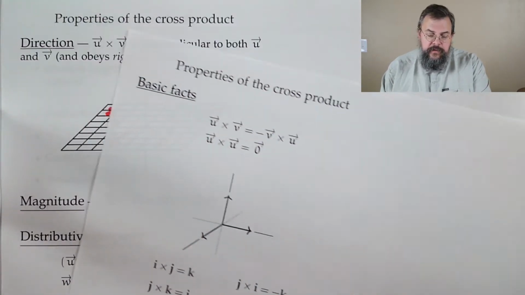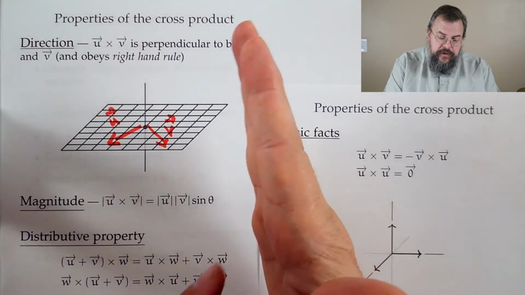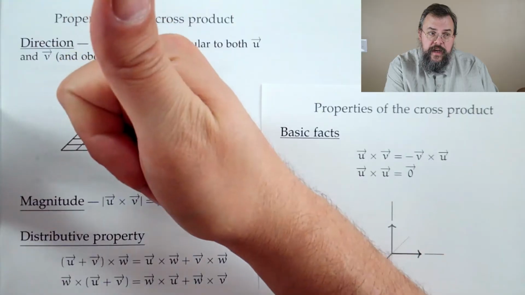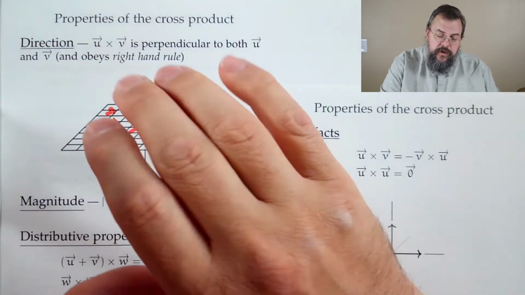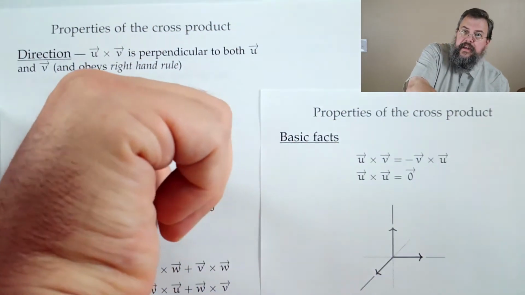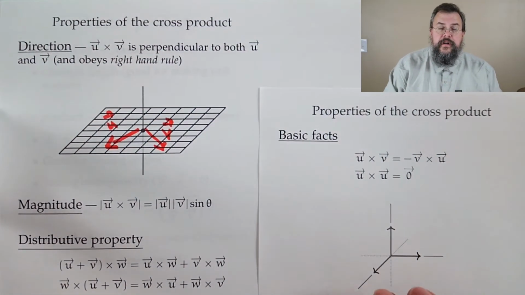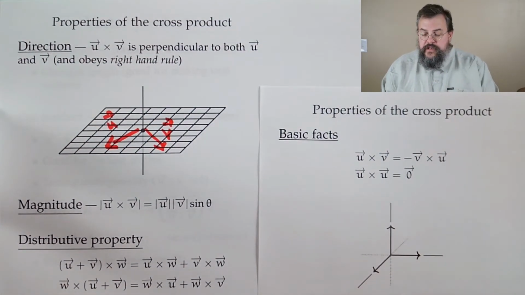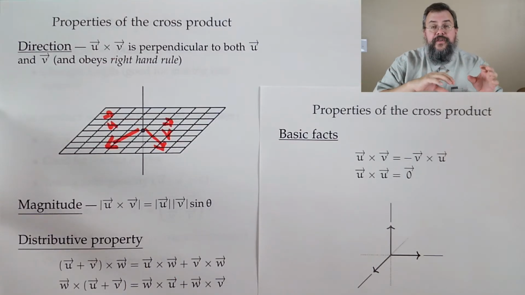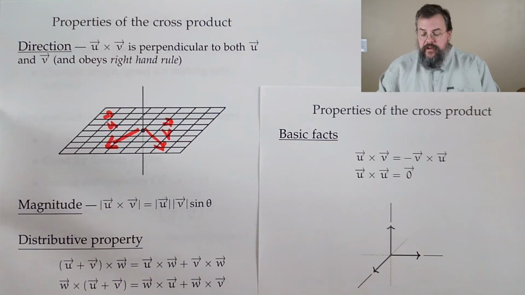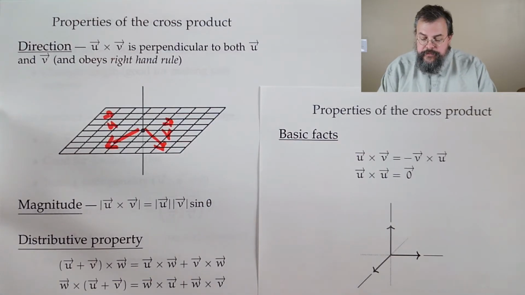If you go back to the picture here, when I have u and v, my thumb would have to go that way. But when I swap the roles, I'd have to turn upside down. So I'm reversing the direction of the output. That's why u cross v versus v cross u are going to have opposite directions, because of that breaking of symmetry from the right hand rule.